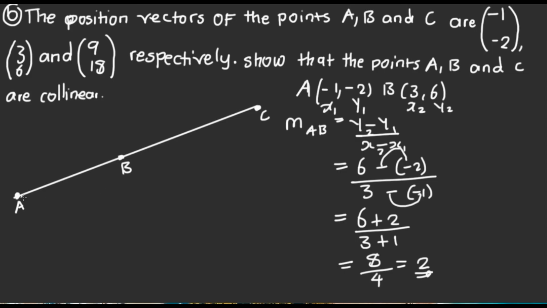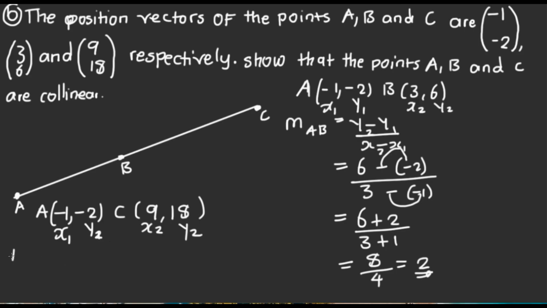Let's check for AC. What if we want to find AC? So remember, A is still -1, -2. Then C, we have 9, 18. Let me put them in coordinates form. As usual, x1, x2, y1, y2.